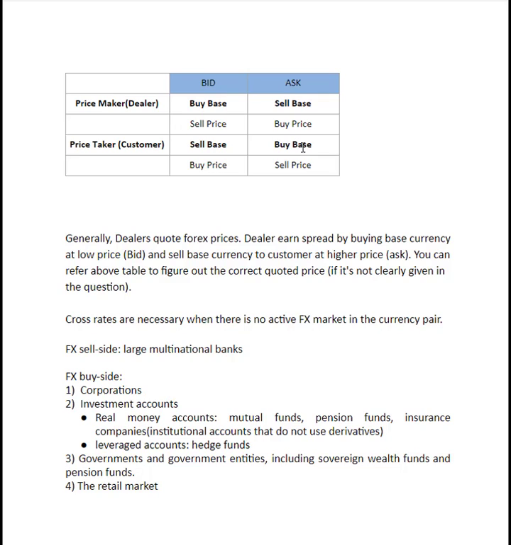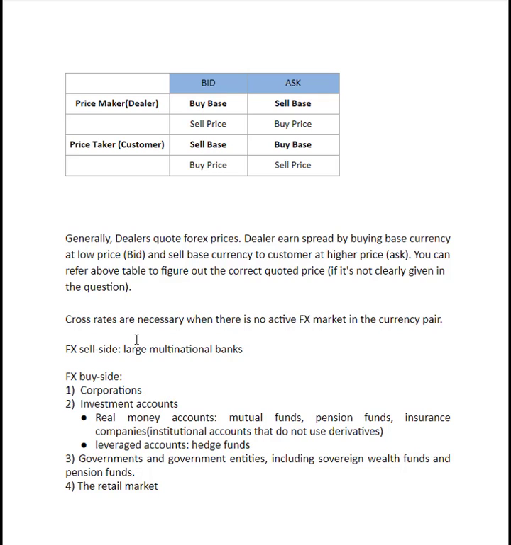So we talked briefly about buyers and sellers. So who are these buyers, who are these sellers? Most of the time, they are large multinational banks, they have large inventory of currency. Those are called the sell side.